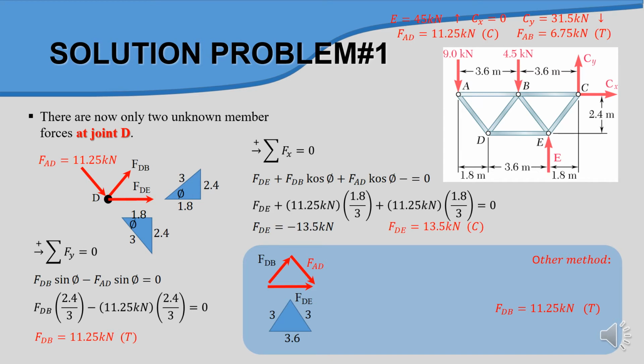When we redraw FDE to the left, we can see one closed head to tail triangle. Comparing to the dimensions of the triangle from the given measurements, we can find the values of FDB and FDE using this triangle method.